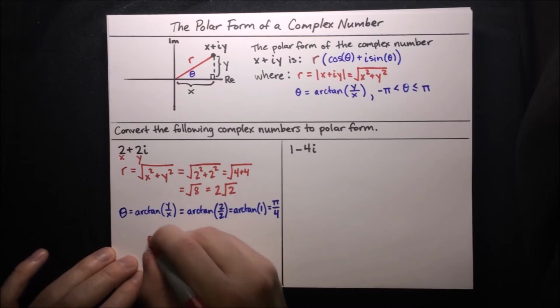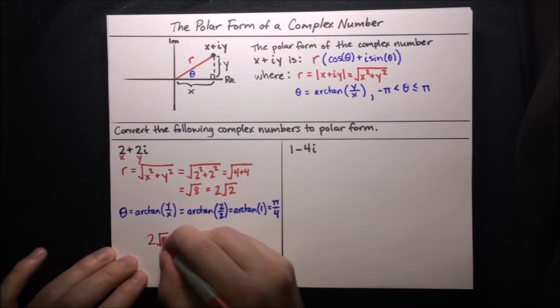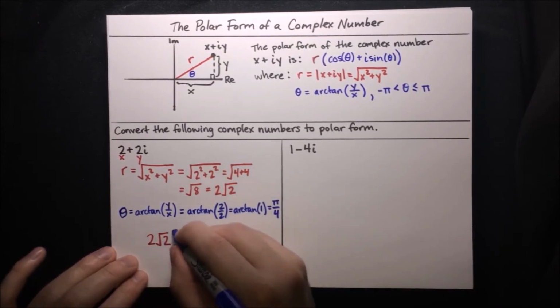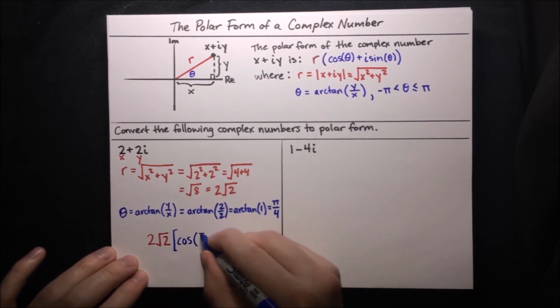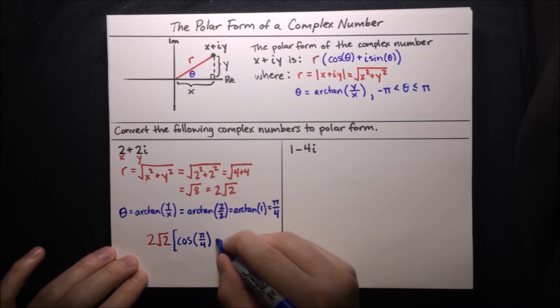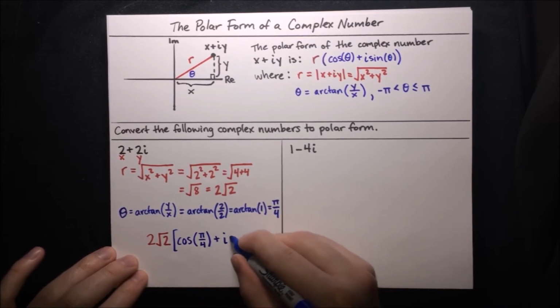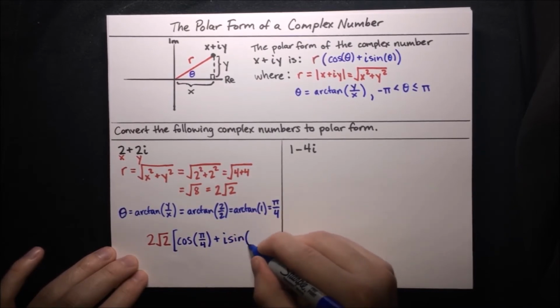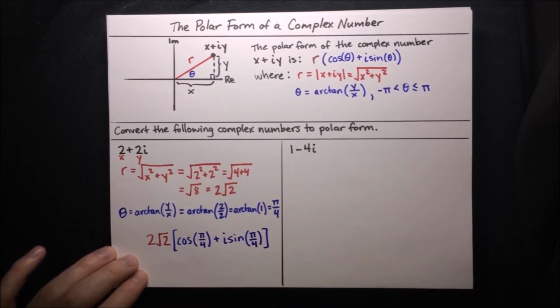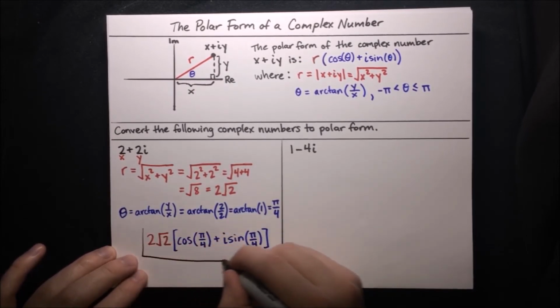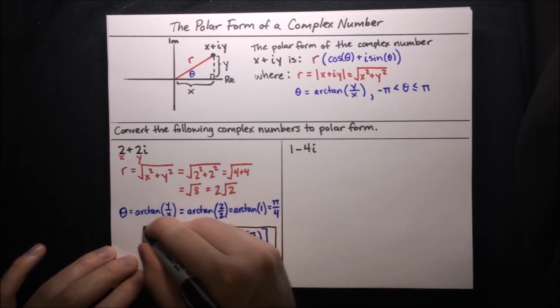It's r, so 2 root 2, times the quantity cosine of theta, so cosine of pi over 4, plus i times sine theta, so sine pi over 4. So there we go. There is the polar form of that complex number.